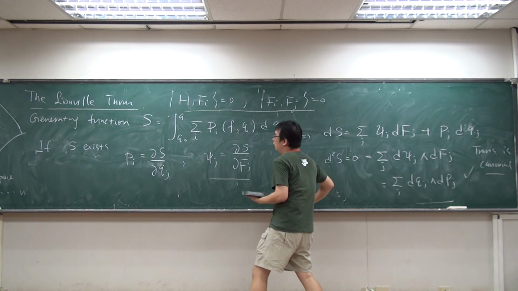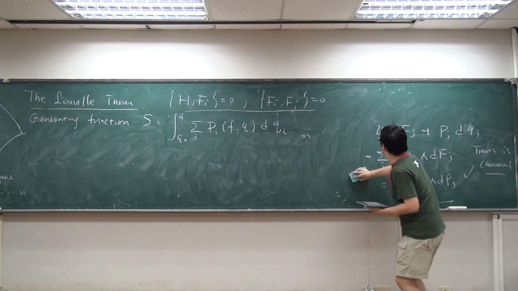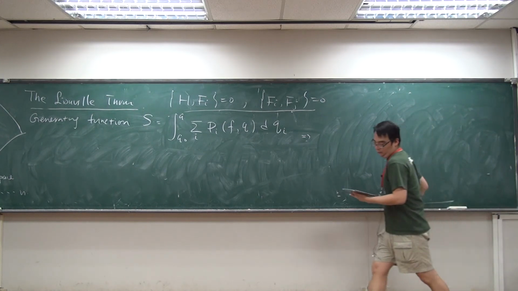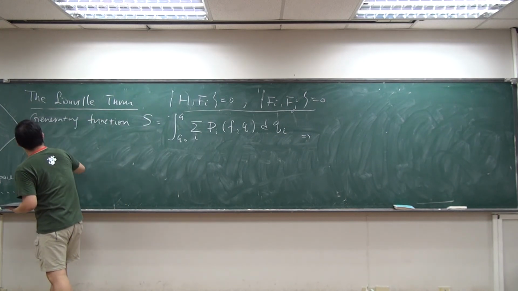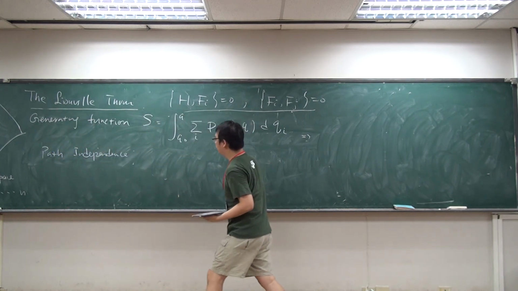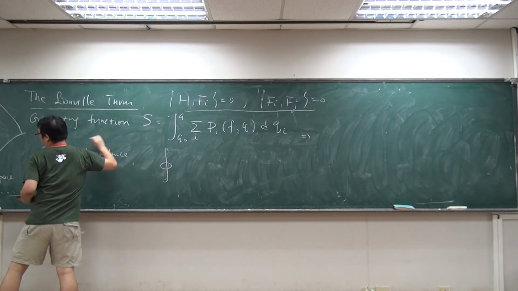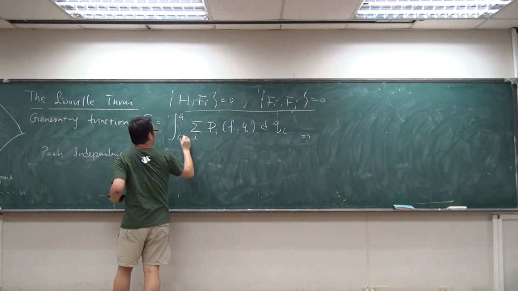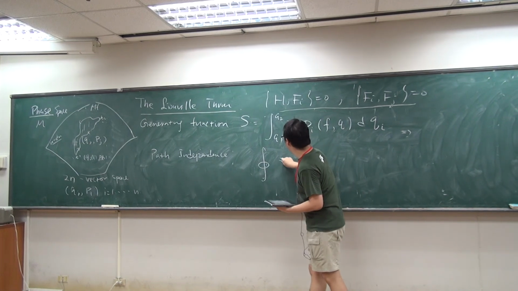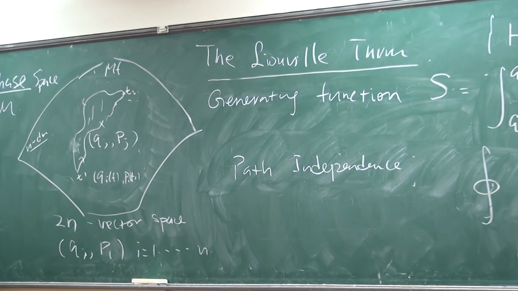Path independence basically tells you that if you consider a closed path between, say, Q1 and Q2, like this, the integral we are doing should vanish.